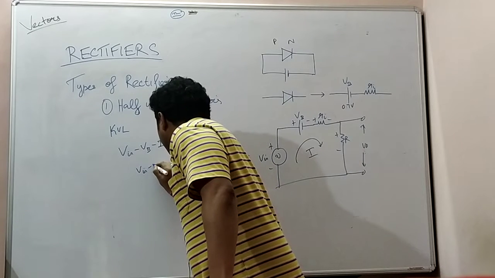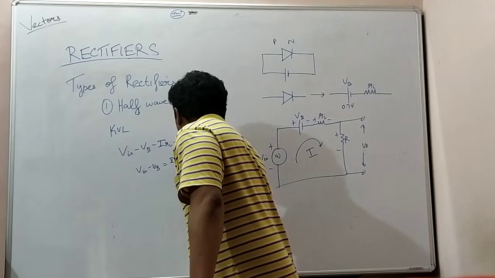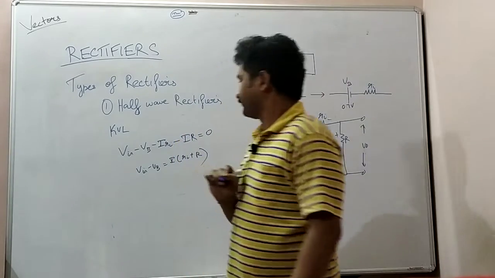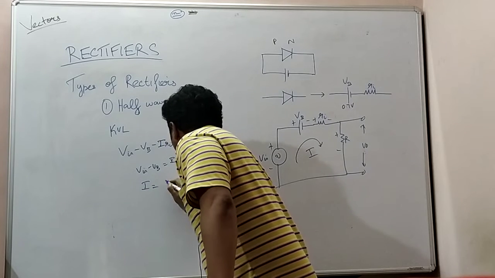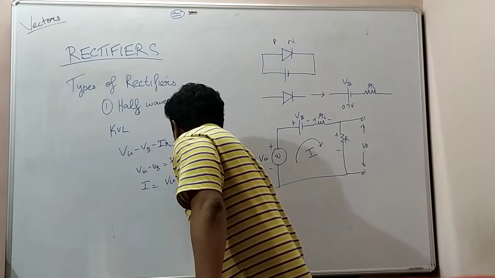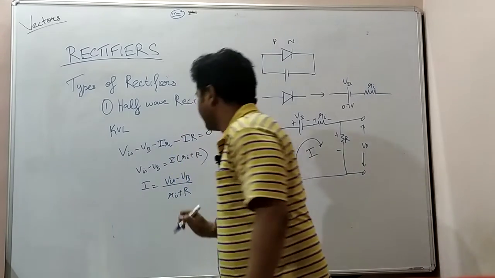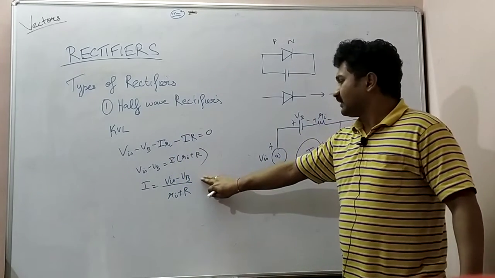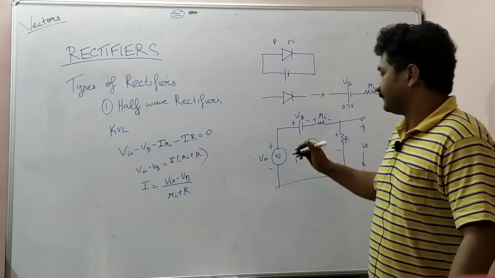V in minus VB equal to I of RI plus R. I equal to V in minus VB divided by RI plus R. This is the total current flowing in this circuit, I.